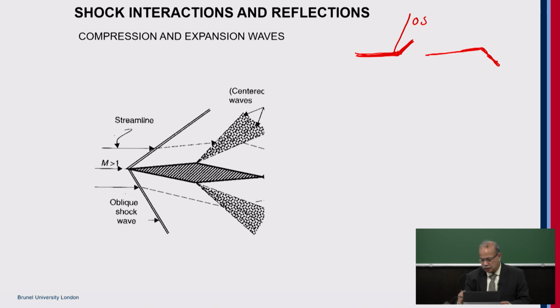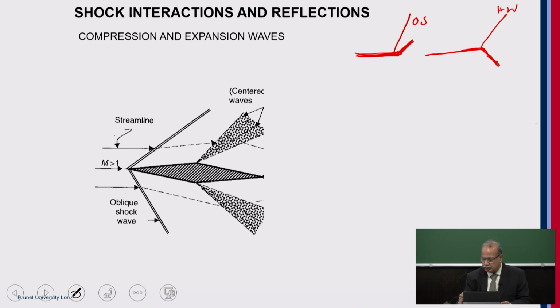We will be discussing the expansion fan a bit later on. There will be a head wave and then there will be a tail wave. So for example, if Mach number is equal to 1, the head wave is that. If the Mach number is greater than 1, then accordingly, depending on the strength of the flow, you have this head wave.